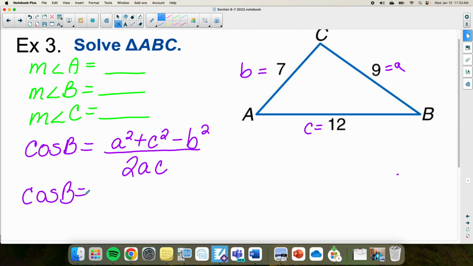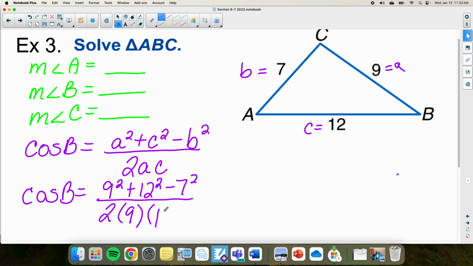Little a is 9 squared, little c is 12 squared, little b is 7 squared, all over 2 times a is 9 and c is 12.